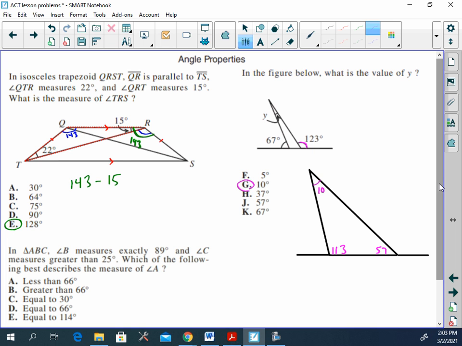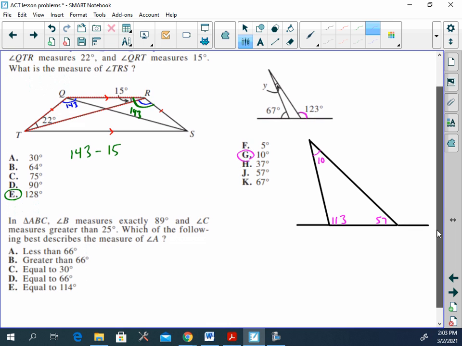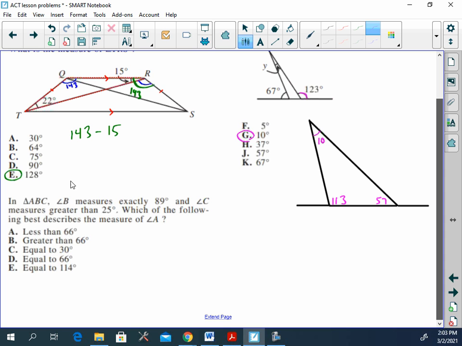Alright, then moving down to the bottom. Now this one doesn't have a picture, so sometimes that makes it more difficult for people, but it gives us a triangle. So whenever it gives me a triangle, I don't typically worry too much about drawing it perfectly to scale. I just draw a triangle. And it calls it triangle ABC. So let's go ahead and label A, B, and C here.